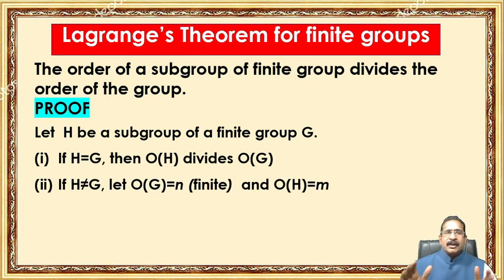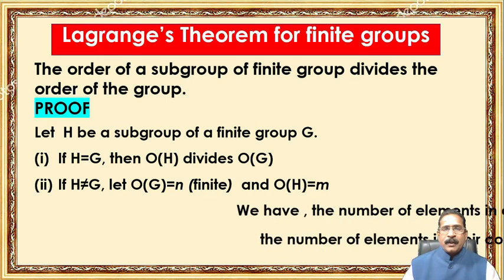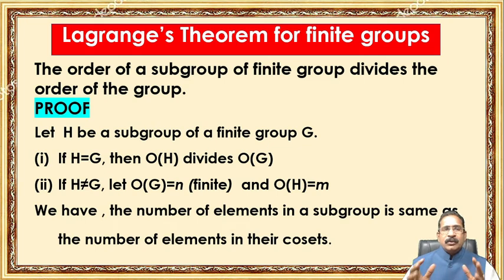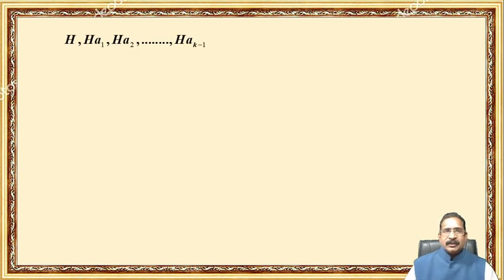If these two are not equal, then let the order of G be n, which is finite, and the order of H be m, which is also finite. Now we know that the number of elements in a subgroup is the same as the number of elements in cosets.